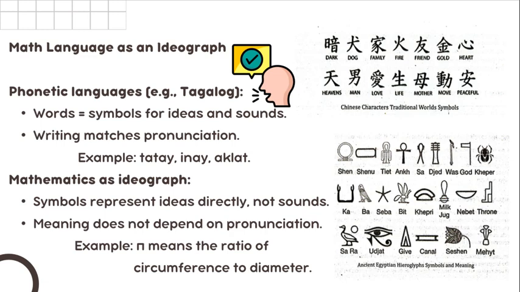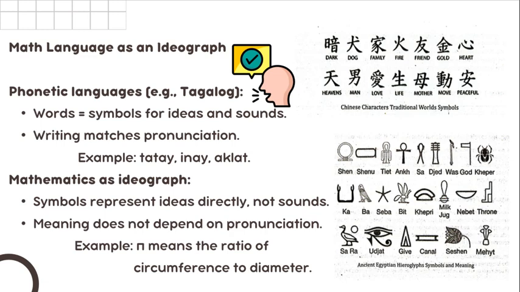So, in mathematics, language is an ideograph, phonetic language. So, ang words, di ba? Pag naay tay ginabasa nga word, so it symbolizes ideas and sounds. So pag isulat nato siya in English, the way nato siya pagsulat, pwede the way nato siya pag istorya. For example, kaning tatay. So di ba kung unsay nakasulat, gyud ato ang pagbasa.